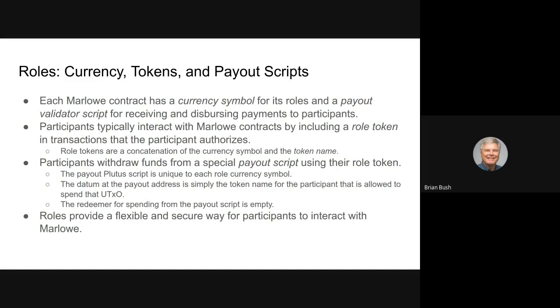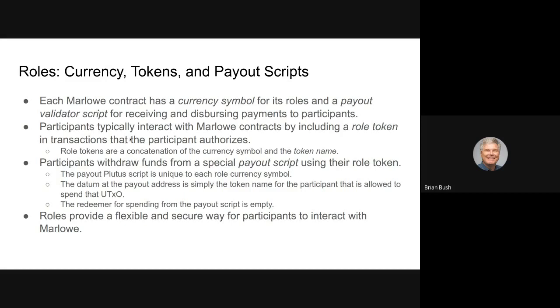So we have the main Marlowe script, and then we also have this subsidiary script just for doing payouts to pay to participants. And this is basically a design decision that was made for security around making payments and authenticating ownership of the funds that will be dispersed.